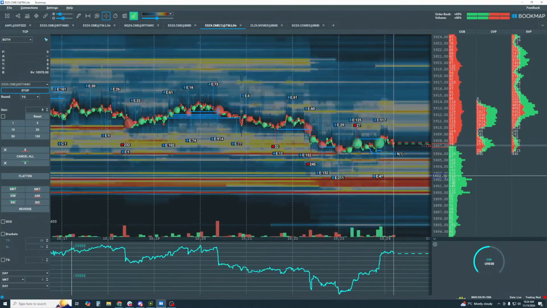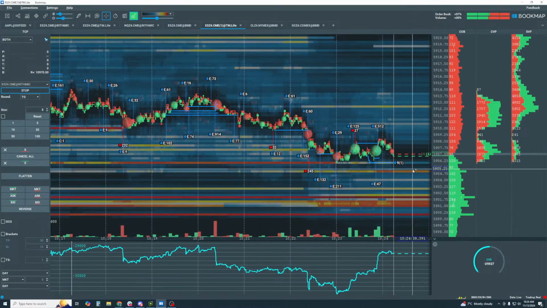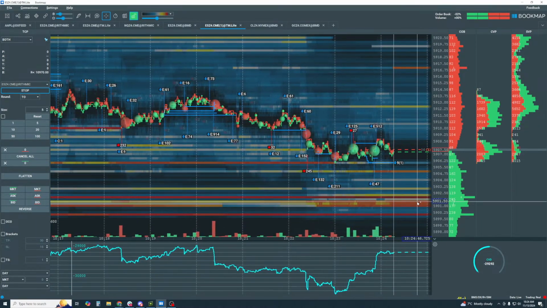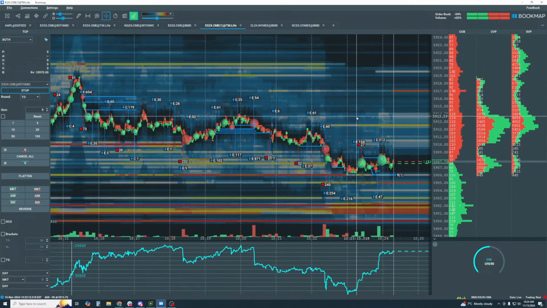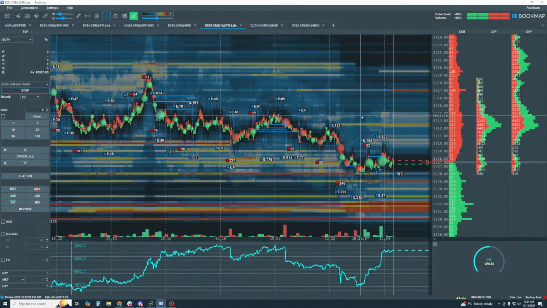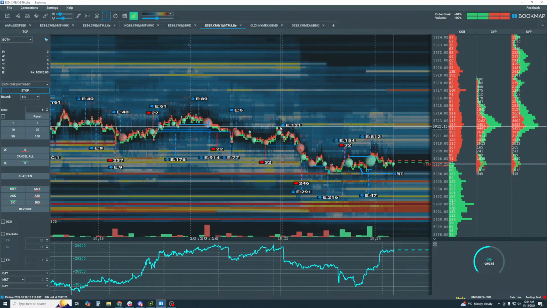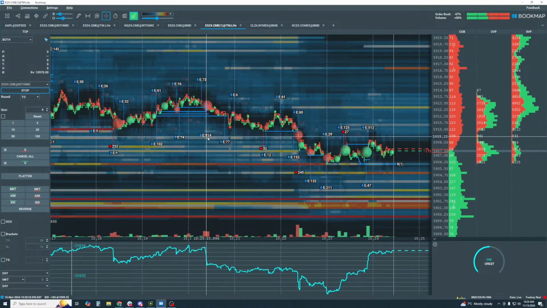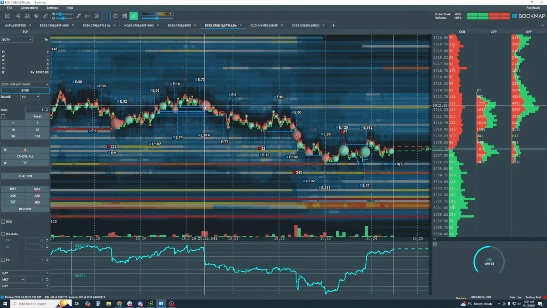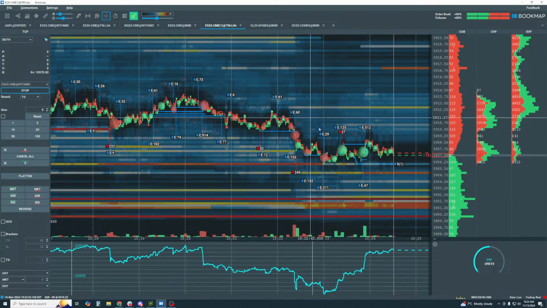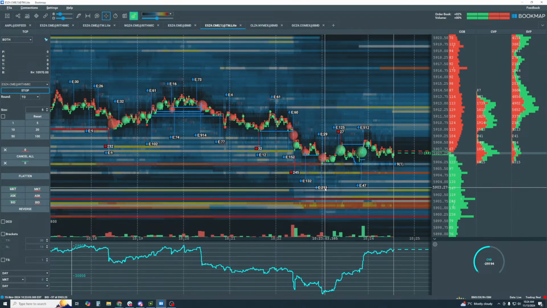I'm looking for continuation here, down into these areas of high liquidity, until I see something different. Now look at all these icebergs filled along the way, some nice stuff in here. This is also absorption. 914 contracts traded here, and 132, 212.